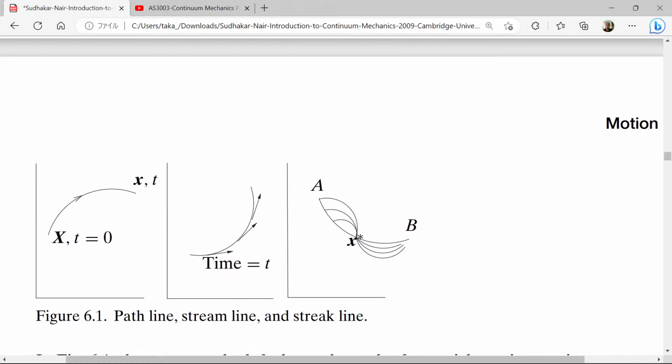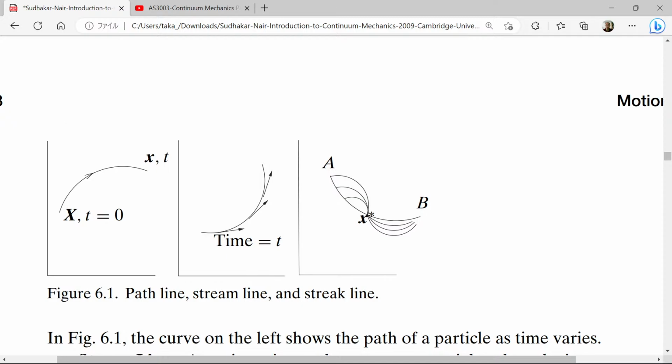It's a little bit confusing. Path line, streamline, and streak line.